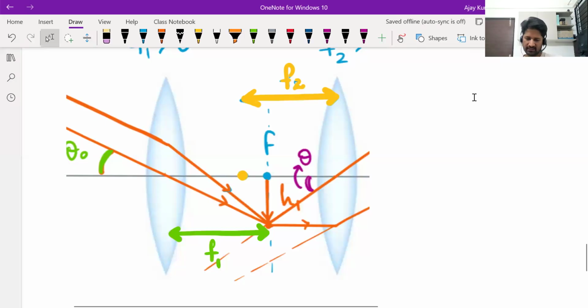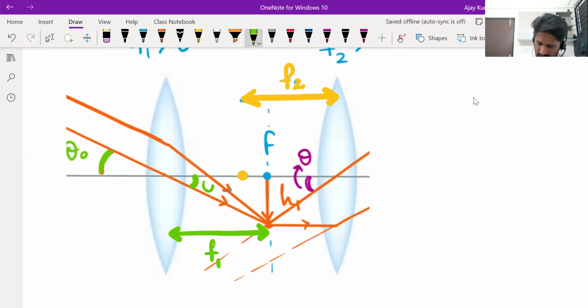Now what we want is tan theta divided by tan theta naught. You can see the angle theta naught on the extreme left. If that angle is theta naught, then this angle inside will also be theta naught itself. Now let's consider a triangle of which theta naught is a part. That will be this triangle, the one I'm highlighting in red.